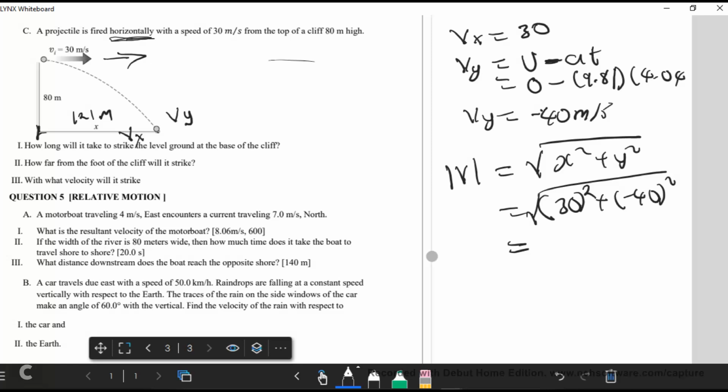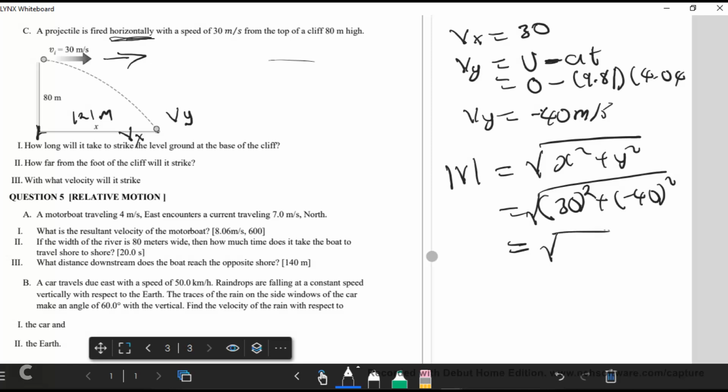That is 30 squared plus 40 squared, like that.